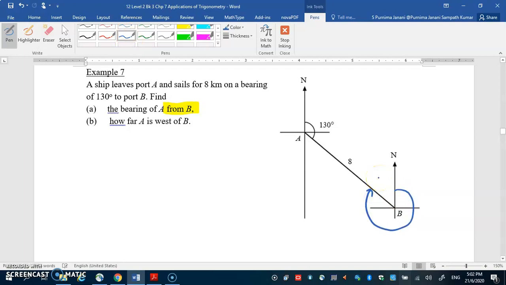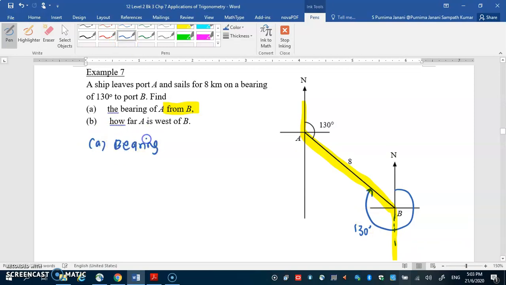So what is this angle here? Because this is 130, due to alternate angles. Do you see the Z? The Z is here. This is 130 degrees. So hence, 180 plus 130, you will get the bearing of A from B.